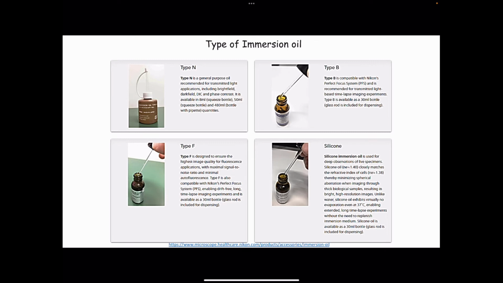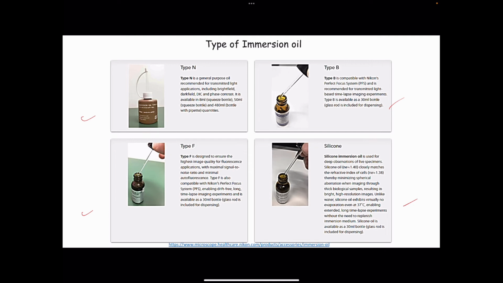Because we routinely use these types of refractive index oils or immersion liquids in our lab, I have personal experience of working with them, and therefore I will be discussing the different types of oils provided by Nikon.